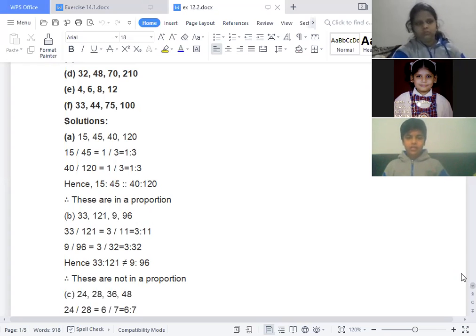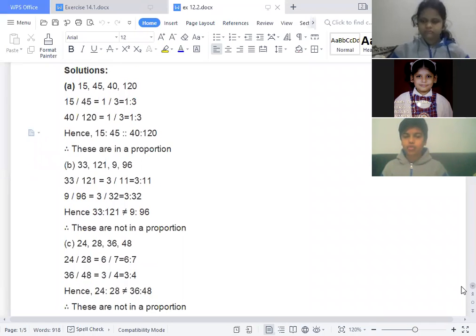And we will divide 36 by 48. Ma'am, as we know, 12 threes are 36 and 12 fours are 48. So, ma'am, we will write 3/4 or 3:4. So 6:7 and 3:4 are not equivalent. So that means they are not in proportion. That's right, Tanishq.